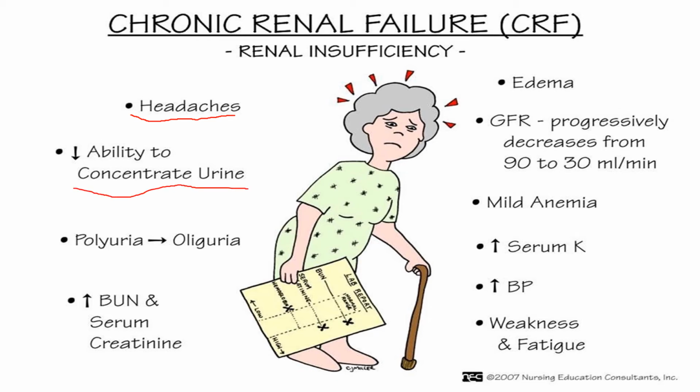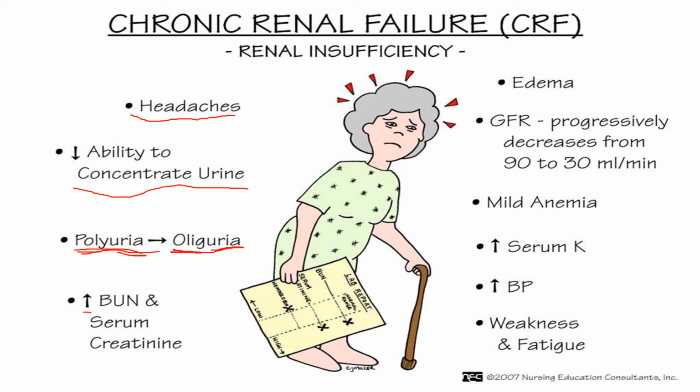Concentrated urine tends to be darker, and the first morning void tends to be quite concentrated, so it's possible in renal failure to lose your ability to do that. You can have polyuria, which means lots of urine. Poly means many, so having lots of wees. It can go to oliguria, a small amount of urine, and you can even go to anuria, where you don't produce any urine.